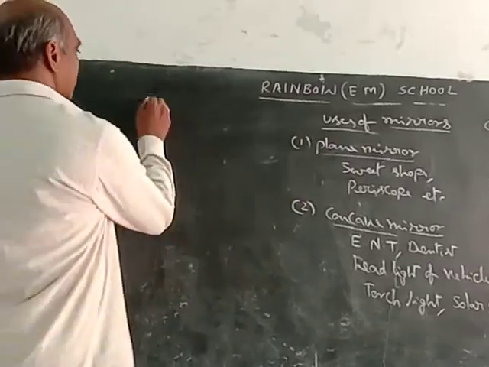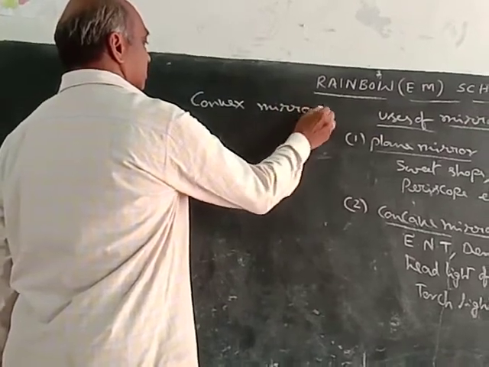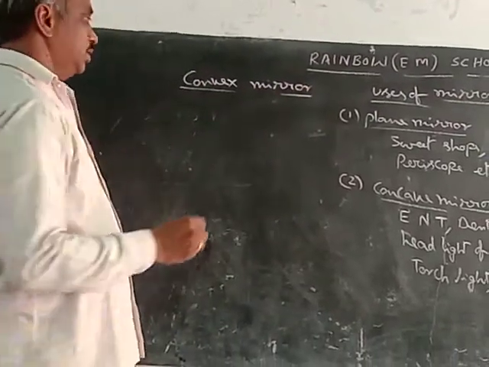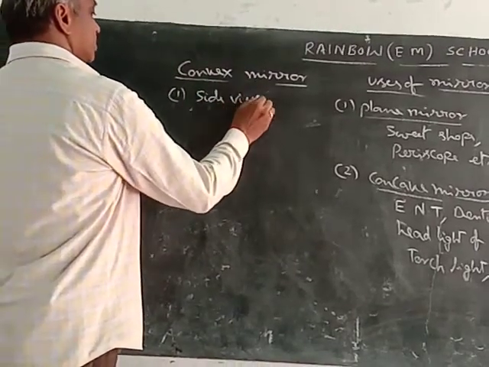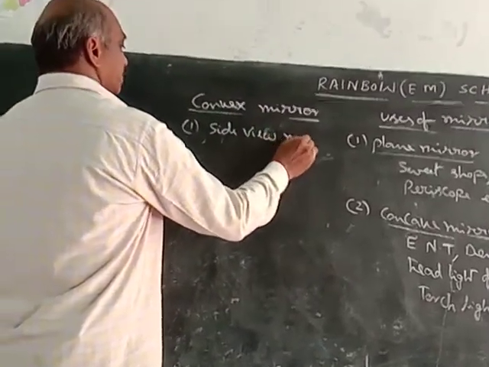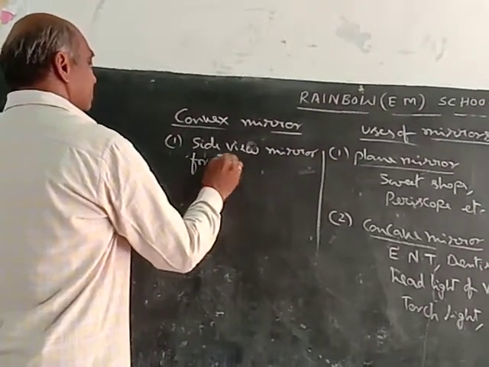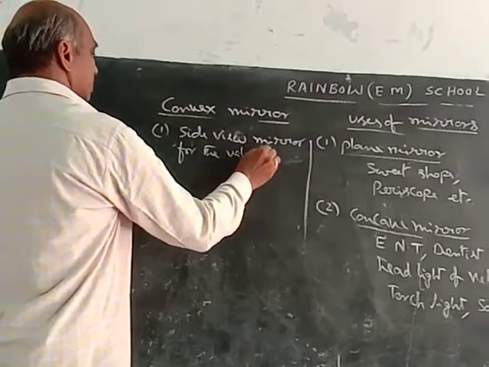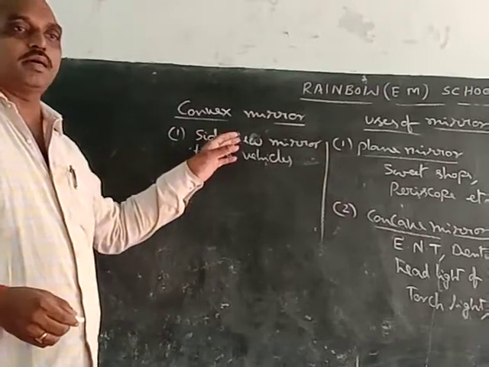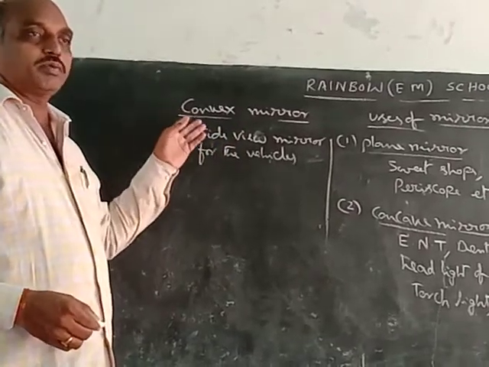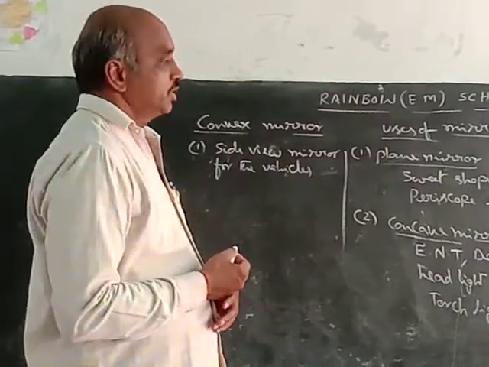Next one, convex mirror. Convex mirror is used as the side view mirror for vehicles. Why we use the side view mirror: it covers a large area, and it always shows a virtual, erected and diminished image.